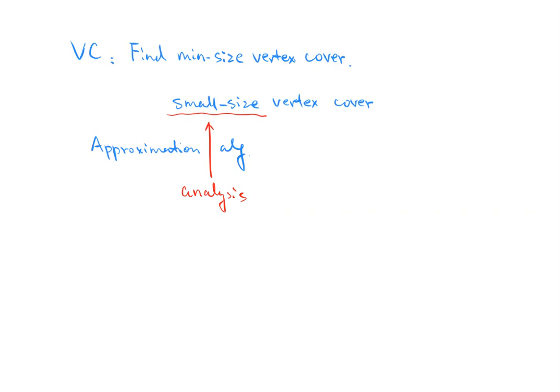All right. So let's consider 2 approximation algorithms for vertex cover. I give you 2 very simple algorithms for vertex cover. So that's algorithm 1.